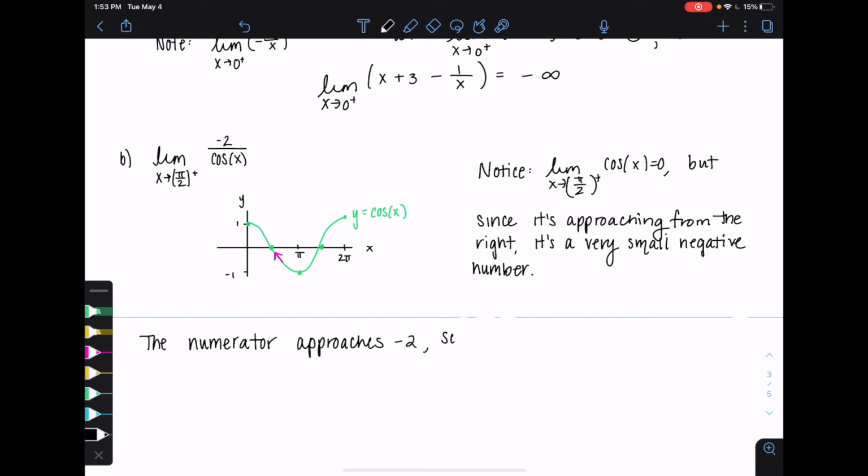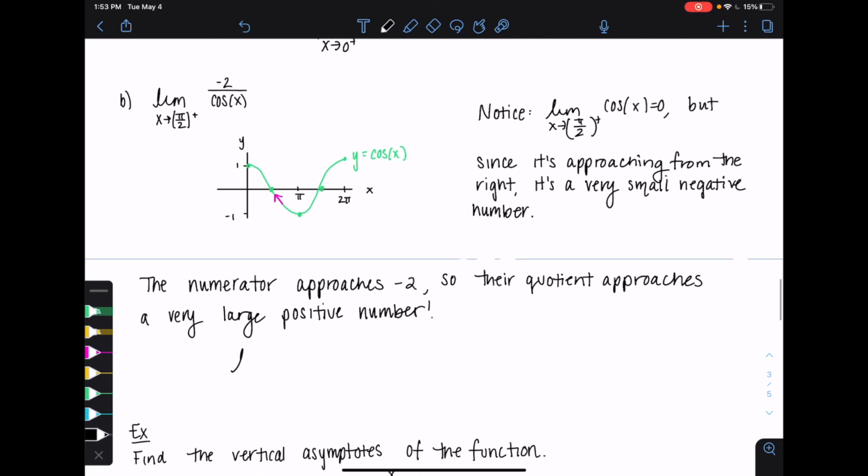So their quotient approaches a very large positive number. So ultimately, the limit as x approaches pi over 2 from the right of -2 over cosine of x is going to equal positive infinity.